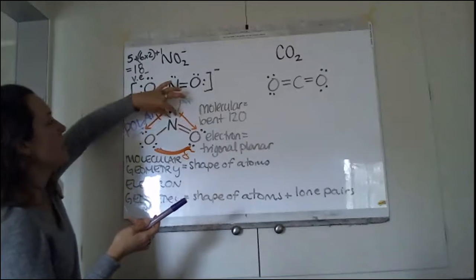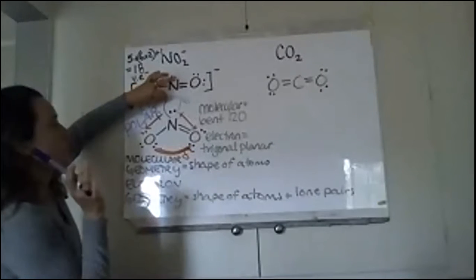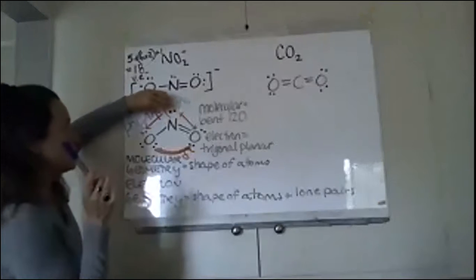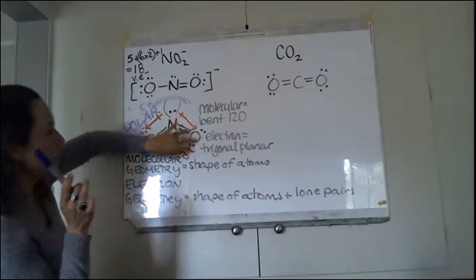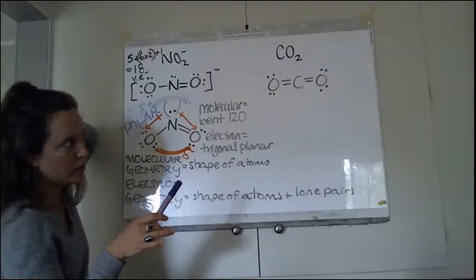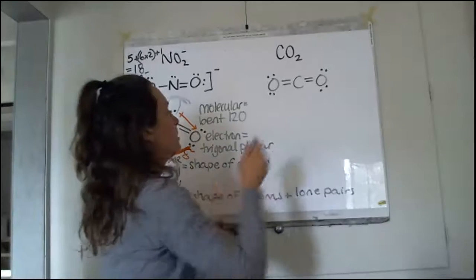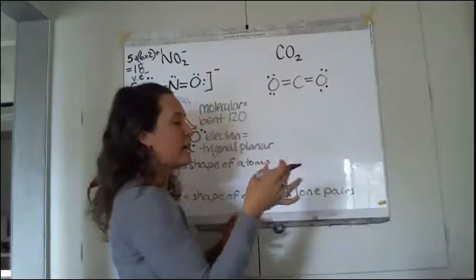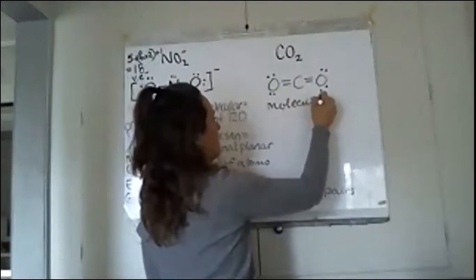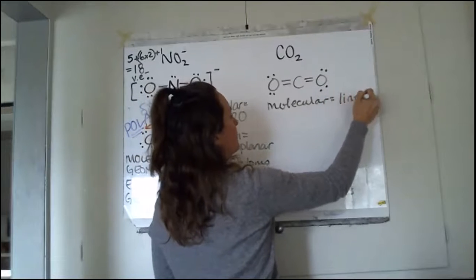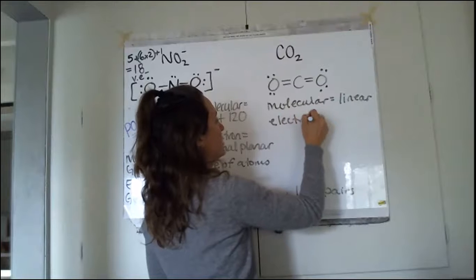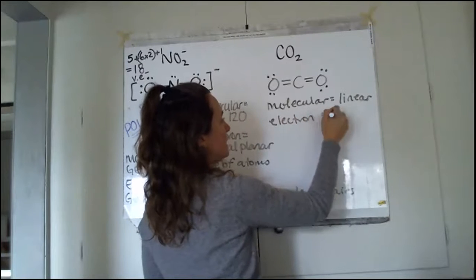So the electron geometry is going to be different because it includes the lone pair, different from the molecular geometry, which doesn't include the lone pair. Over here, though, molecular and electron are the same because there's no lone pair that changes things. Linear, electron geometry is linear.